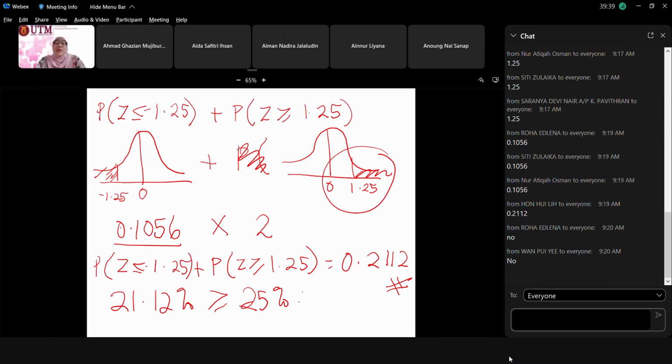No, right? So what can we conclude? The machine is still efficient, because the error that it makes is still less than 25%. So that's the conclusion that we can make for this part B question.